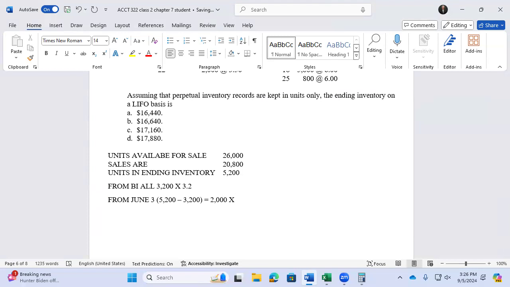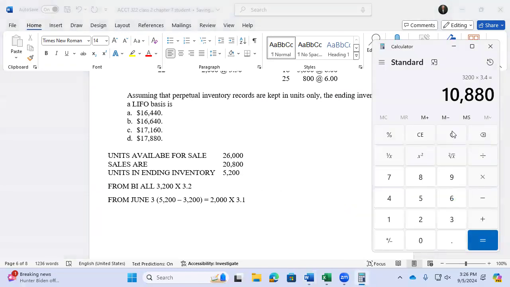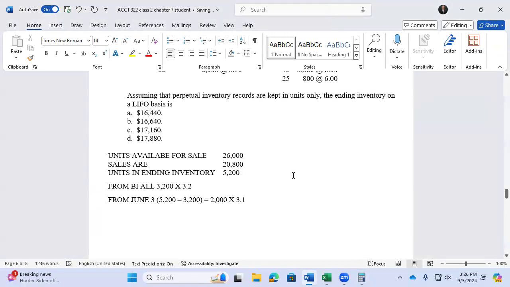We're going to multiply that by 3.1. So we end up with $10,240.